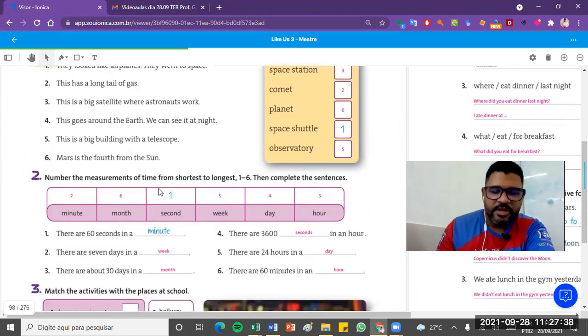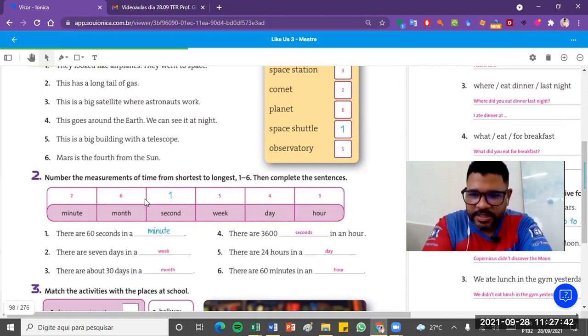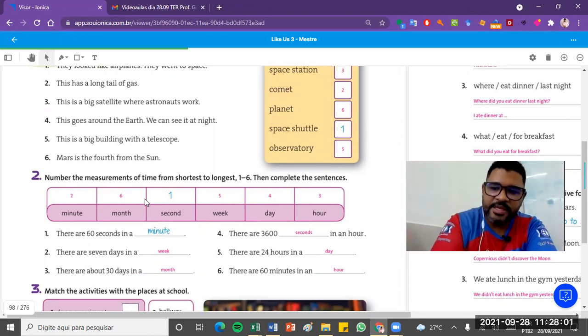E então aqui estamos trabalhando com time quantities, quantidades de tempo, aprendendo a mensurar o tempo. Então, nós temos: number the measurements of time from the shortest to the longest. Use from 1 to 6, then complete the sentence. A gente vai usar do menor para o maior, de 1 a 6.